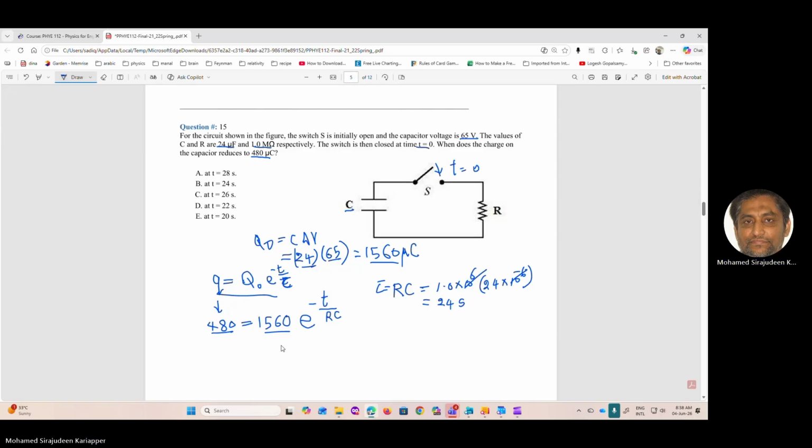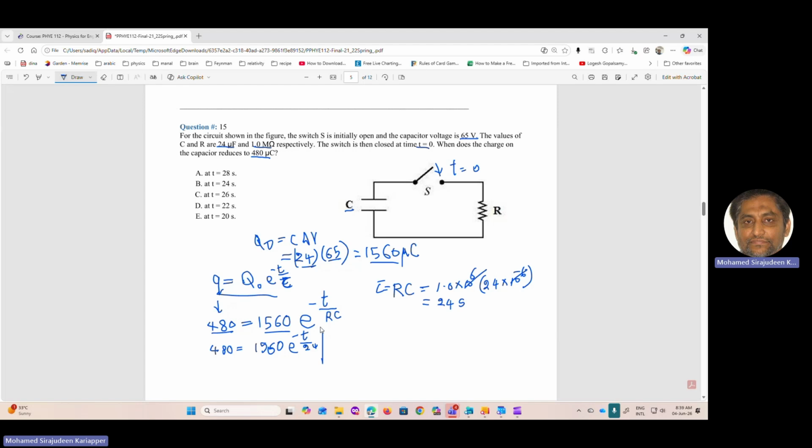Right. So now let me continue with this equation. 480 equals 1560 e to the power minus t divided by 24. 24 is in seconds.